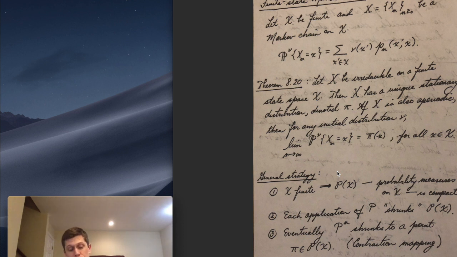You know that during even times you're going to be at state 0, and during odd times you're going to be at state 1. And so this limiting statement here will not hold in that case because it's a periodic chain. It has period 2 because we see that every state is only visited in time increments of length 2.